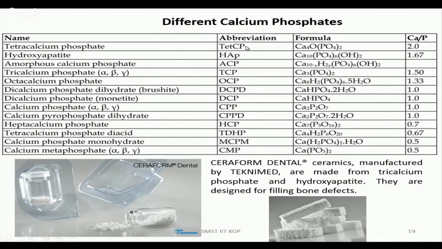So TTCP or TetCP is actually tetracalcium phosphate, and the calcium to phosphate ratio is 2. Similarly, in case of TCP, tricalcium phosphate, there are different phases like alpha, beta and gamma. Your calcium to phosphate ratio is 1.5. In case of hydroxyapatite, the calcium to phosphate ratio is 1.67.